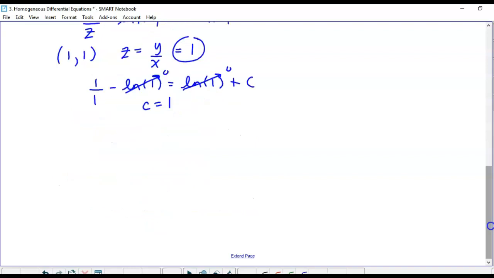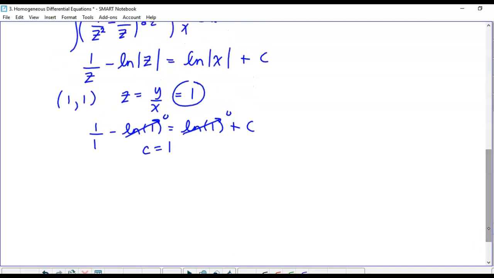So now our equation, we can now put that back in and start substituting back in expressions for z. So remember, z is y over x. So this would be 1 over y over x minus ln of y over x equals ln of x plus 1.